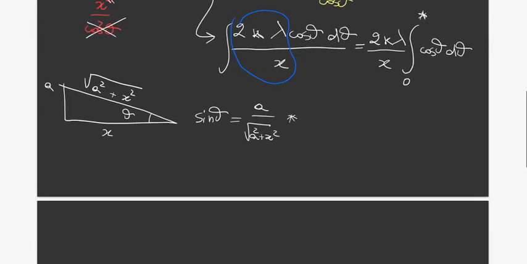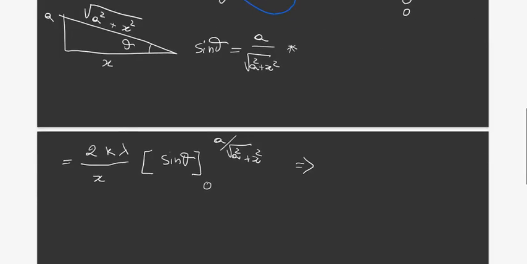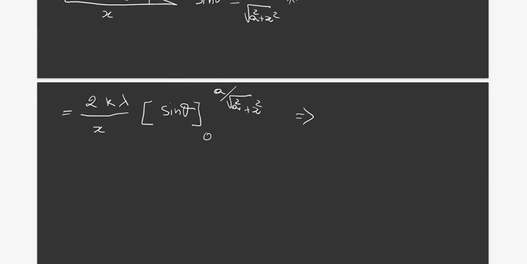And let's keep working on this integration. This will be equal to 2k times lambda divided by x. The integral of cosine theta is the sine theta. And I'm going to integrate between 0 and that specific value. My integral is 2k times lambda divided by x.